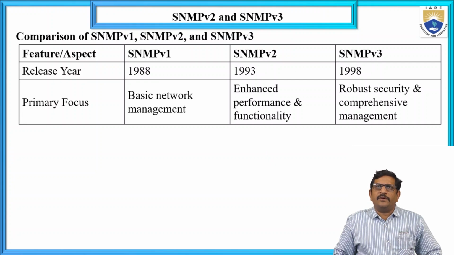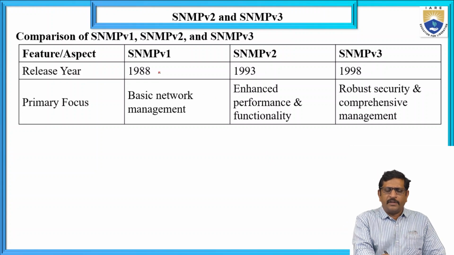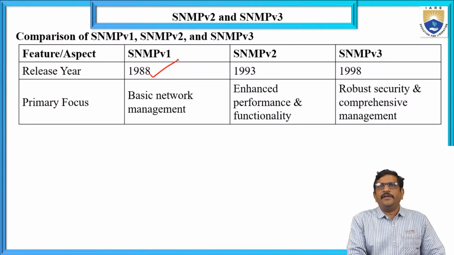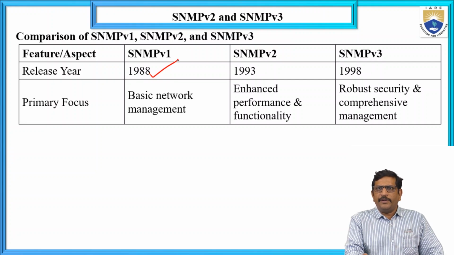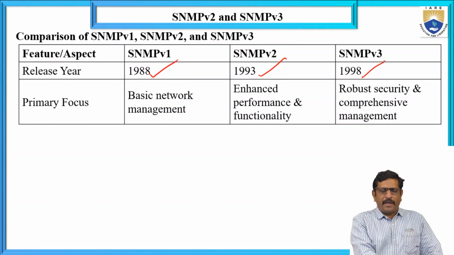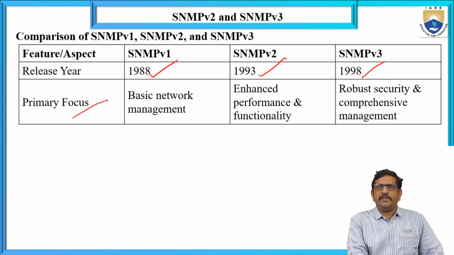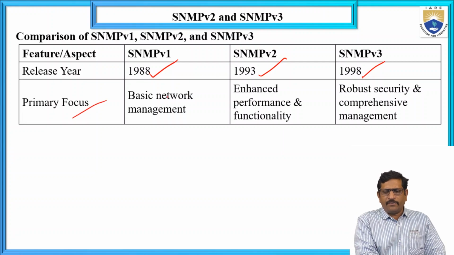Now the comparisons. If you observe SNMPv1, SNMPv2, and SNMPv3, here are the features and aspects. SNMPv1 was developed in 1988. The SNMPv2 protocol was released in 1993. SNMPv3 was released in 1998. SNMPv1 is primarily focused on basic network management.